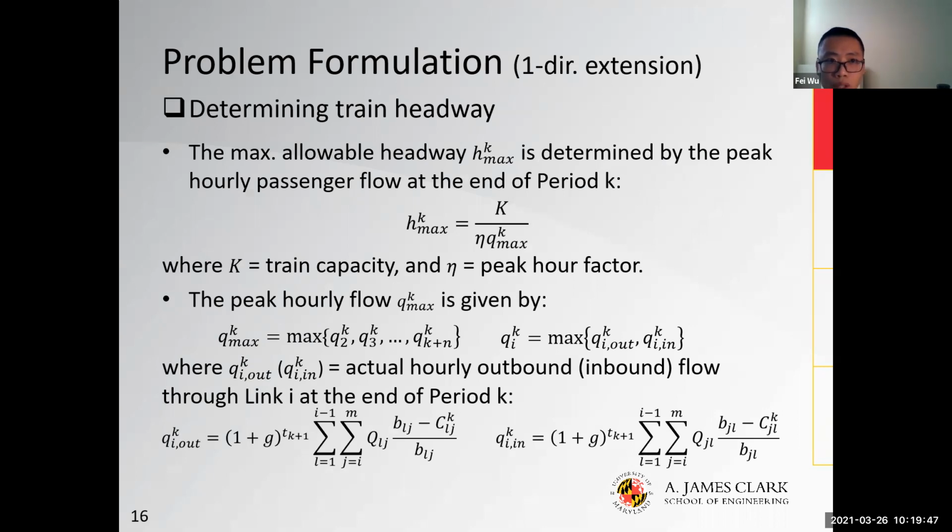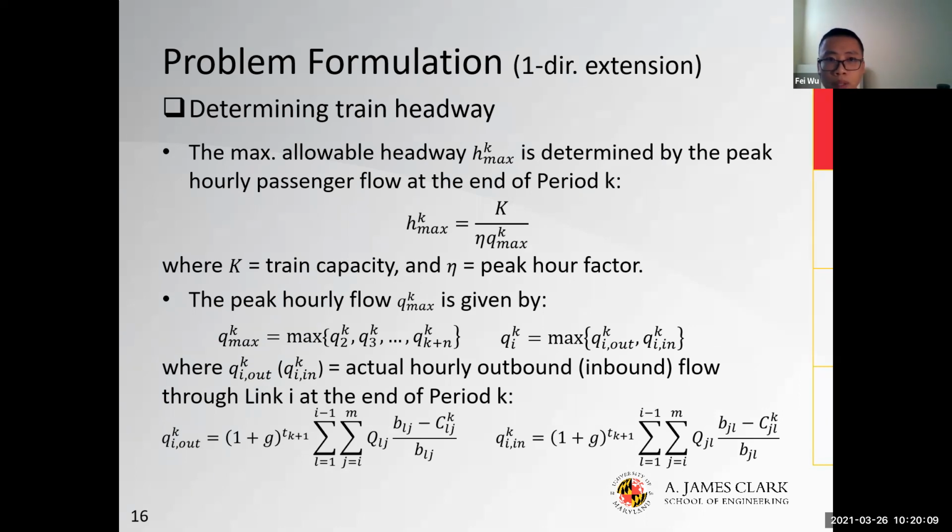Okay, so here we are showing how we are determining the maximum allowable headway for trains. So we have the train capacity and the actual demand calculated as shown above.